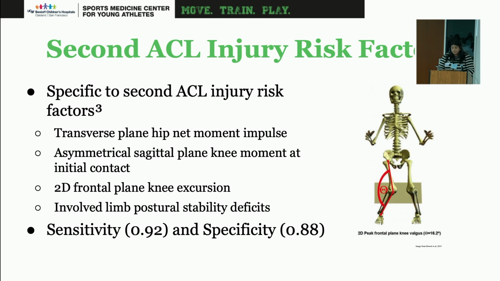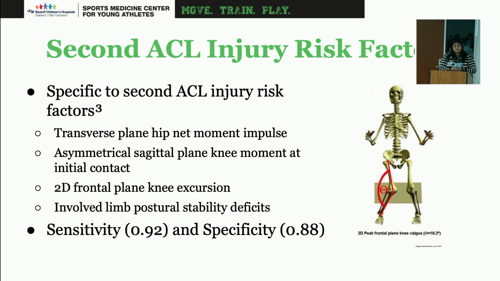So some of the variables they had talked about, one of the biggest ones was noting transverse plane hip net moment impulse during the initial 10% of landing on the uninvolved limb. So essentially a hip internal rotation moment. And I think that's just important for us if we're trying to help a patient return back to sport.